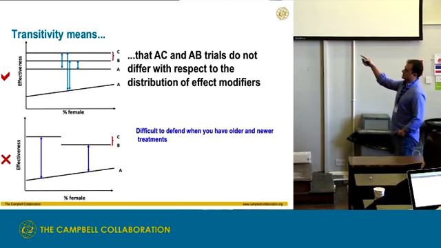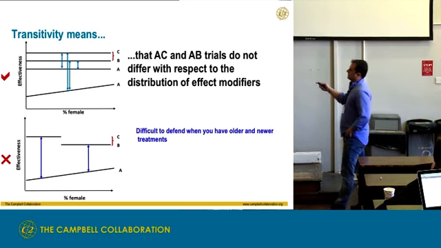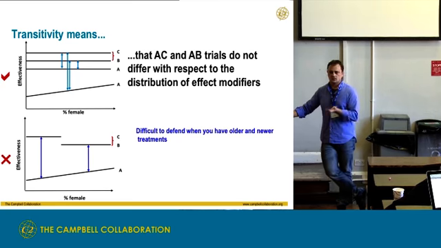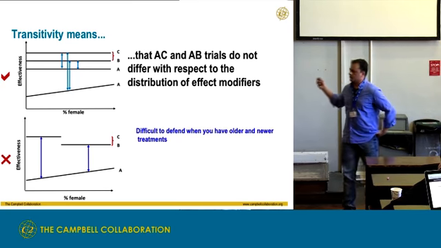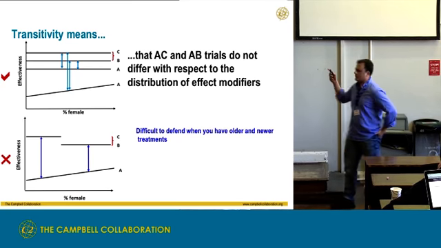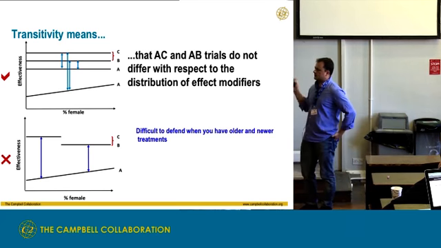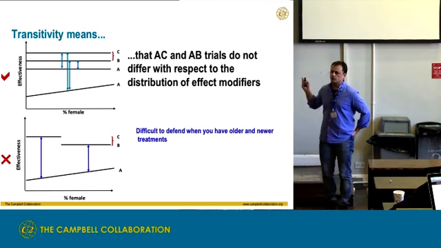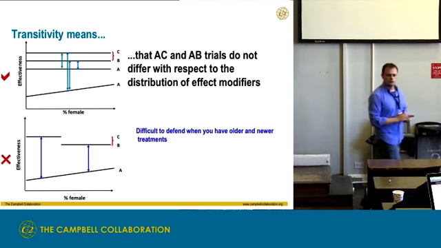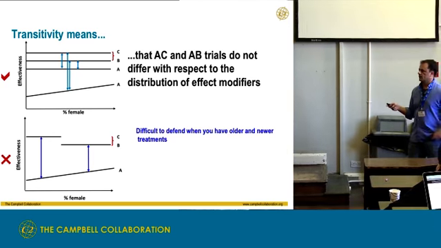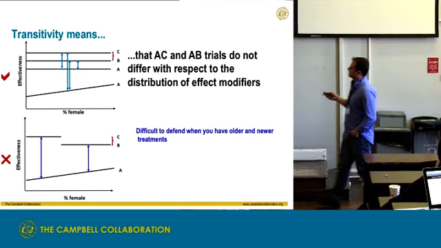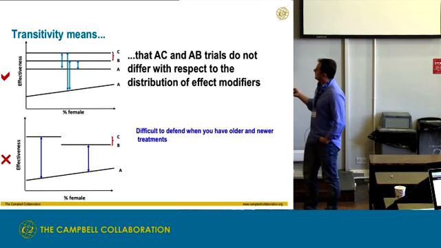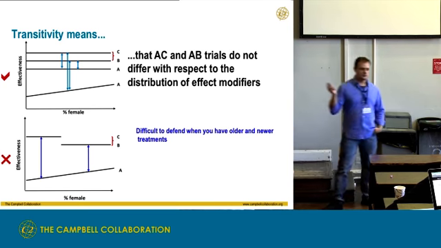So when I compare C to A, the effectiveness of C compared to A decreases as the proportion of women increases. The same with B. But here I'm interested in the indirect estimate between B and C. Would that change? Would that be a problem? Between B and C? No, because the difference is the same at any point.